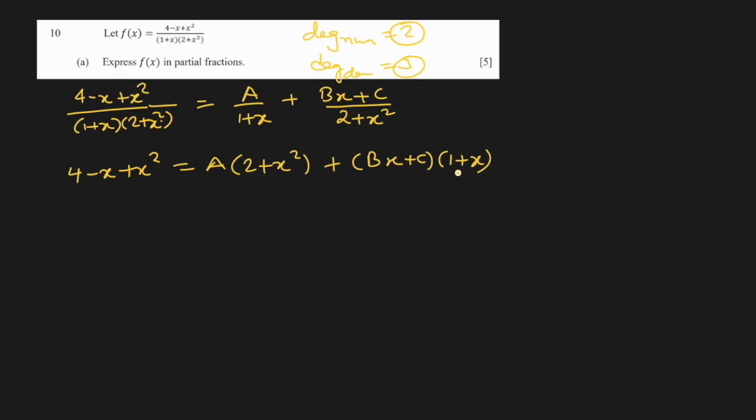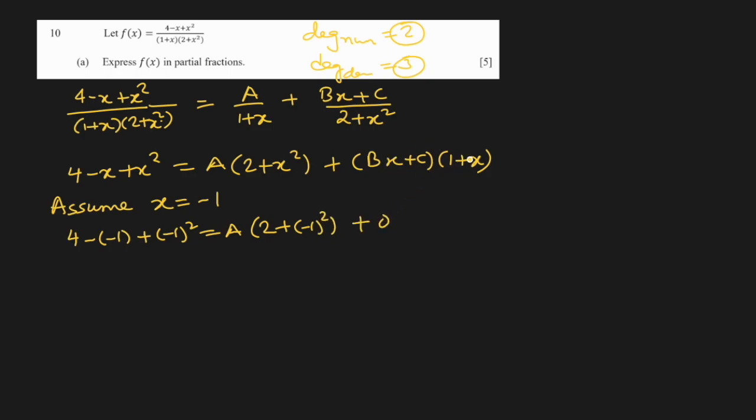First things first, since we have a linear factor here, we can assume that x is equal to minus 1, so that this part becomes 0. So 4 minus minus 1 plus minus 1 square equal to a times 2 plus minus 1 square plus 0.